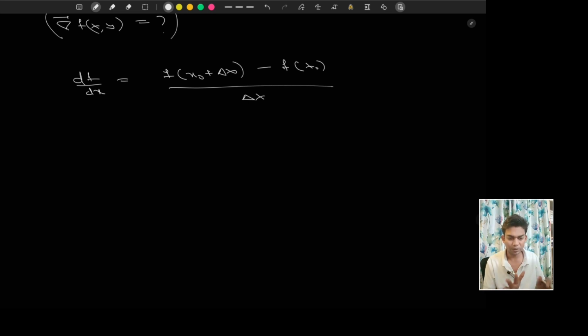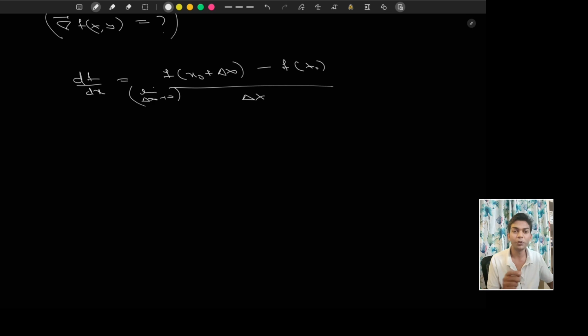That's what the general operation of derivative means. And then you take the limit in which delta x tends to 0, so that you get your derivative.